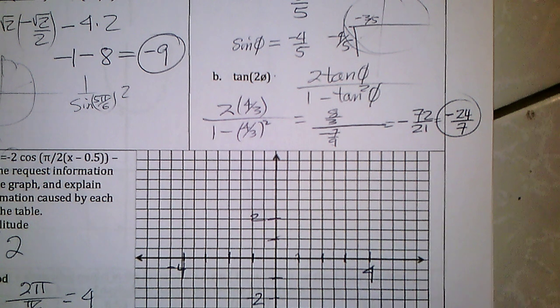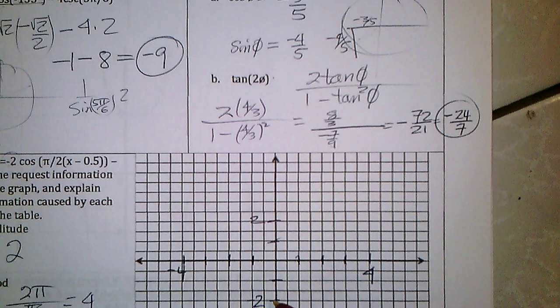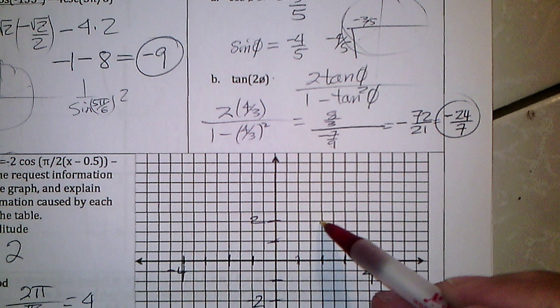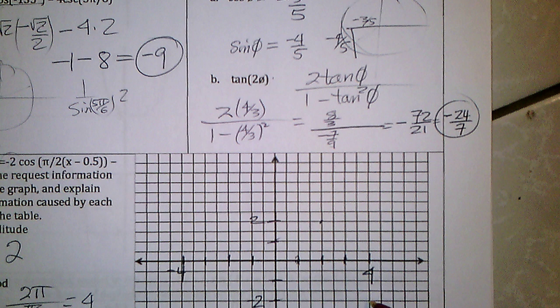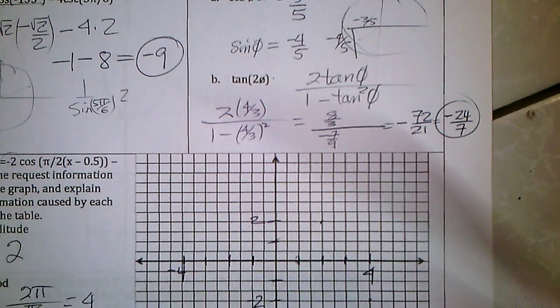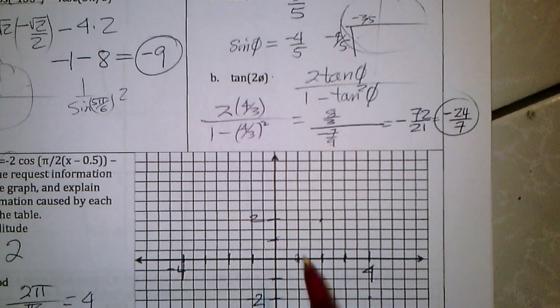Cosine would normally start at the top, but since it's minus 2, it would start at the bottom, and the first quarter would be on the center line, then it'd be at the top, then on the center line, and then at the bottom, down 2. It's down 1. I missed that minus 1 there, so we've got to move all this down 1.